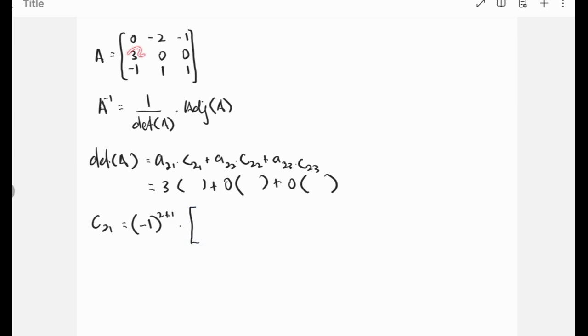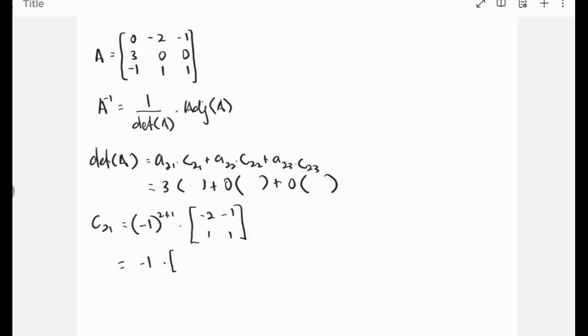This is where A21 is, this is where C21 should be. So we exclude its row and column. That will leave us with this and this, so that will be its minor: -2, -1, 1, 1. So just proceed with the calculation. -1 to the power of 3 will be -1 times the minor.